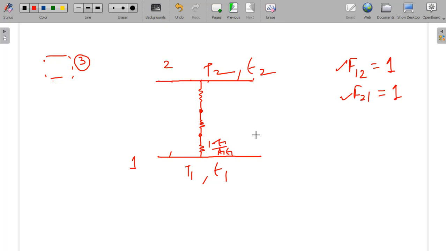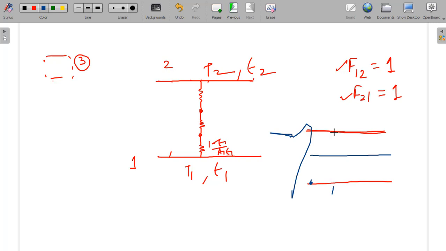Simple problem. But suppose the problem is given that there are two such very long plates, and in between there is some other plate, and you have to find out how much heat will be transferred from 1 to 2. Suppose this is the problem.